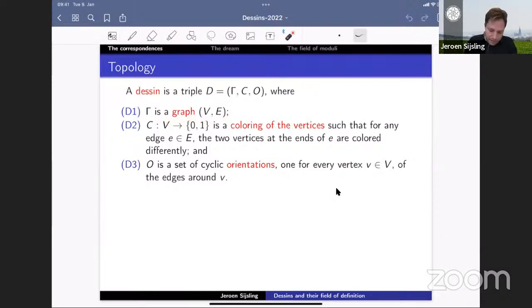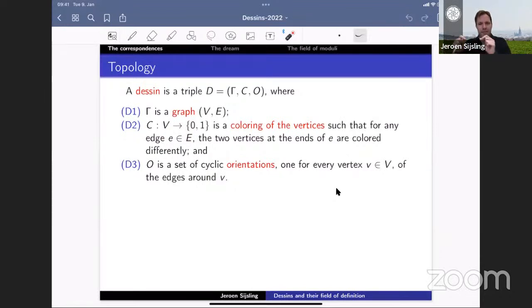Moreover, you want this graph to be bipartite, which means that there should be a map C from V to a set with two elements, which I will call 0 and 1 for reasons that you will see later. This is called the coloring, and you want that the following holds. If I look at an edge E of this graph, then you can look at what vertices are there at the ends of this edge.